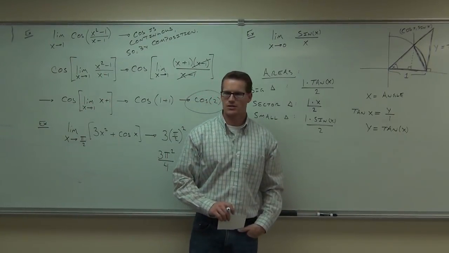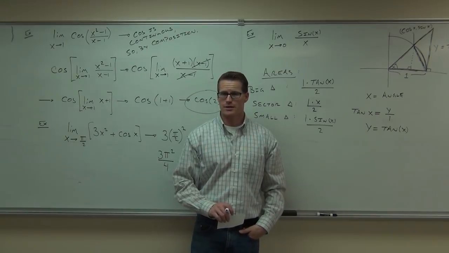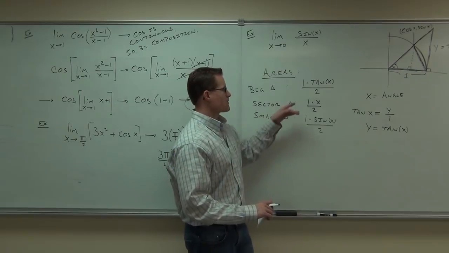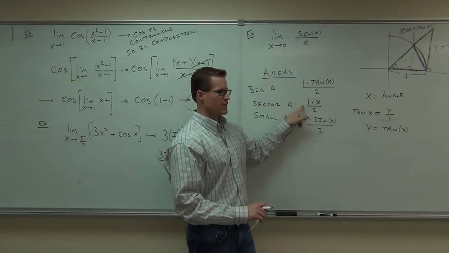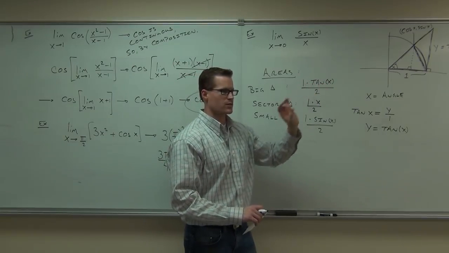You ready for the math magic? But you have to buy into one thing. You have to agree that the area of the sector is in between the areas of the big triangle and the small triangle. So it goes big triangle, then sector, then small triangle.